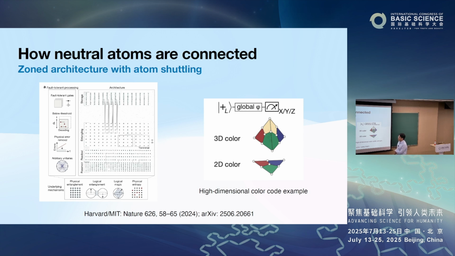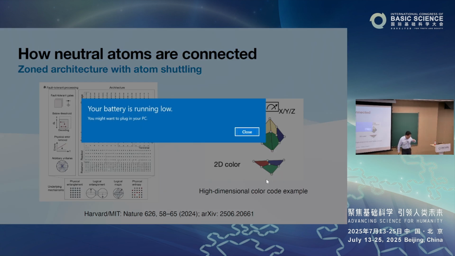With the neutral atoms, this was led by the Harvard and MIT group, which basically has several zones: the storage zone, the entangling zone, the readout and reservoir zones, so that atoms can be moved around, for example, from the storage zone to the entangling zone, so that you can make a so-called transversal gate to run the quantum error correction operations.